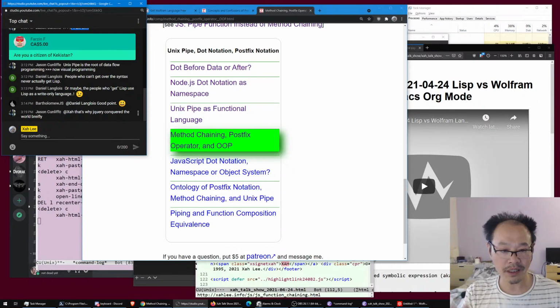And similarly, what's a good point about the Lisp nested parenthesis syntax? The good point is that it shows a clarity between the structure and the semantics. The structure of the syntax has a correspondence to the semantics.